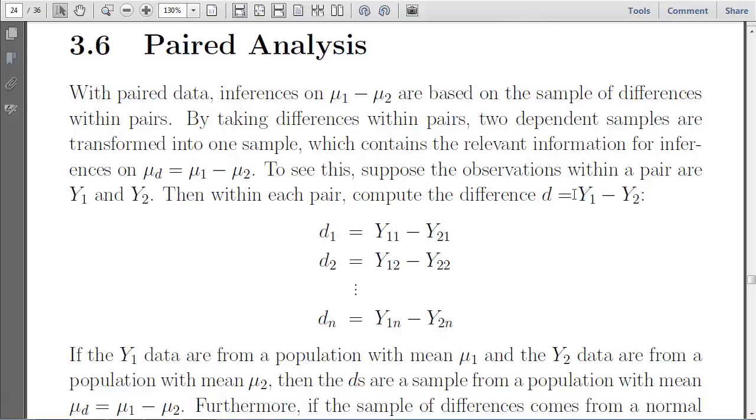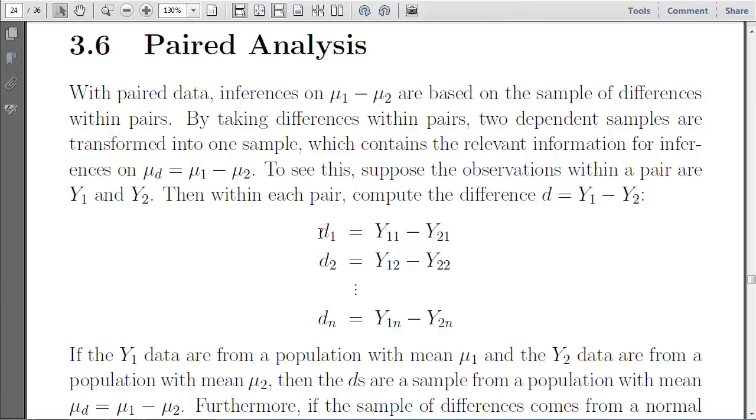So you could calculate the first one minus the second one, or vice versa, and call that D for the difference. And for all the observations, we now have a bunch of differences. So we now have reduced the two samples into a single sample of differences.